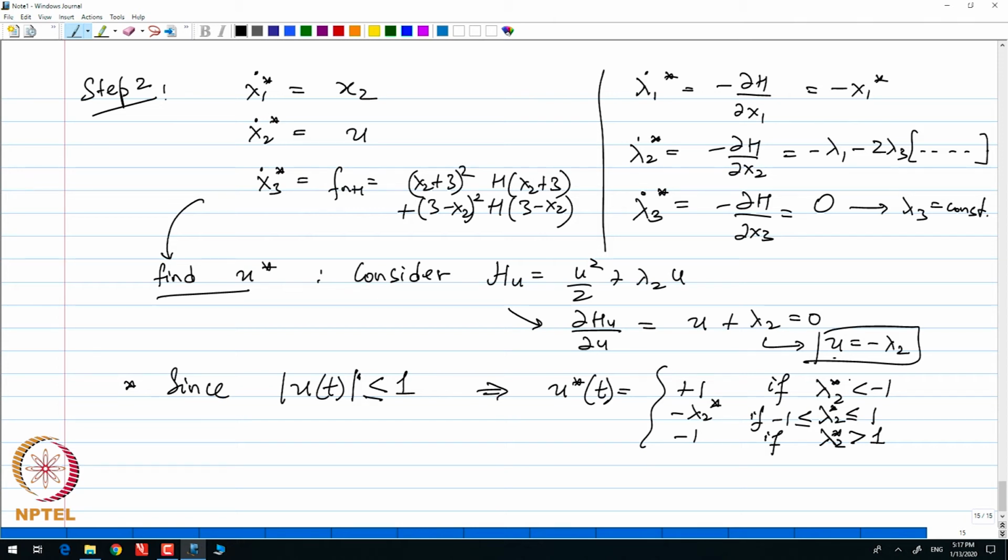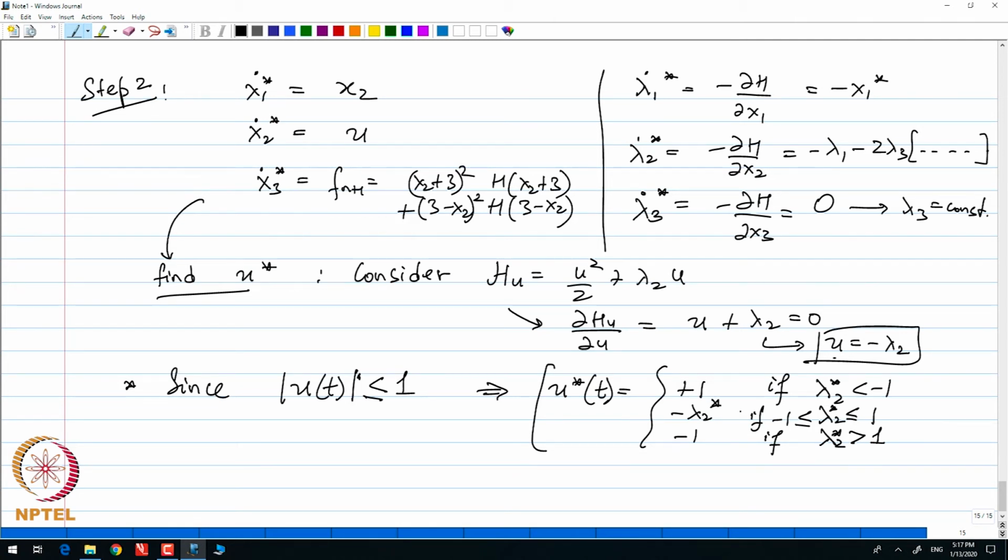Okay. So, what have we got? All I have to do now is, well, we have 6 unknowns and 6 equations. The unknowns are x 1, x 2, x 3 and lambda 1, lambda 2, lambda 3, and when we plug in, our u is minus lambda 2 provided it is not on the boundary, right. So, the control is found right away from our solution.